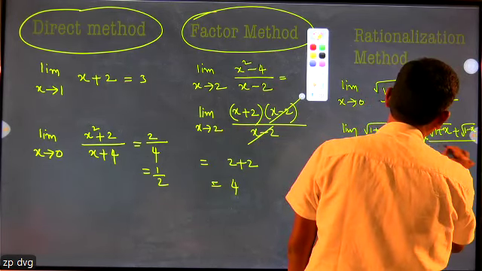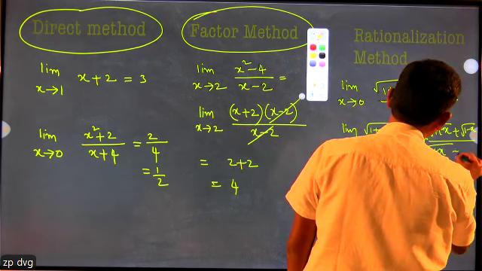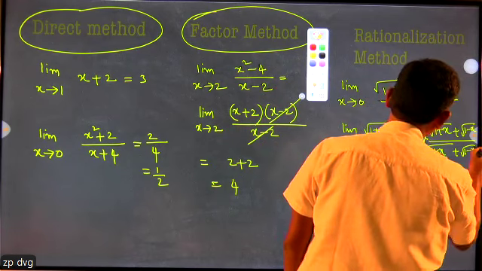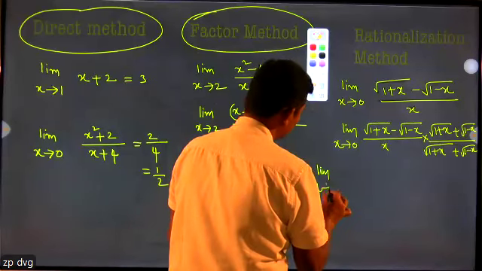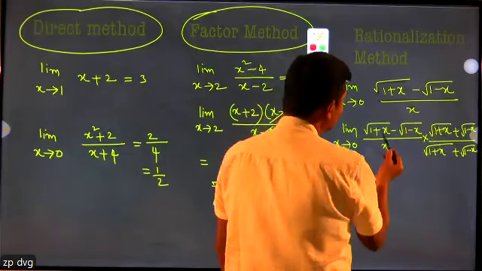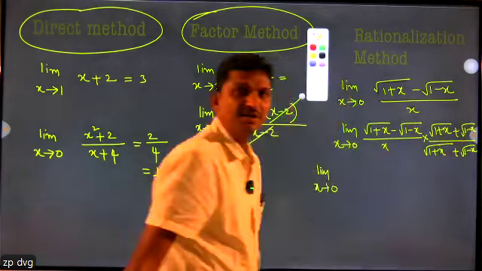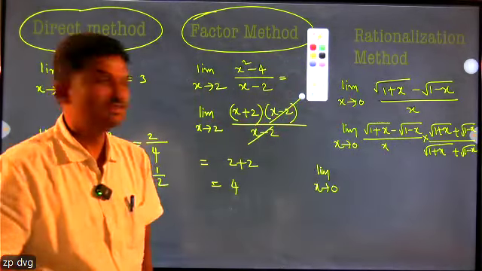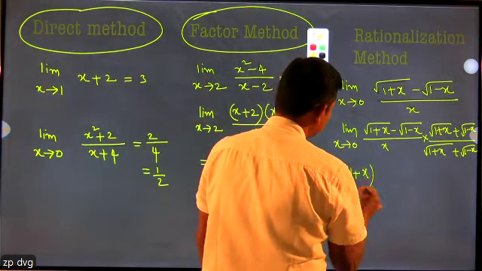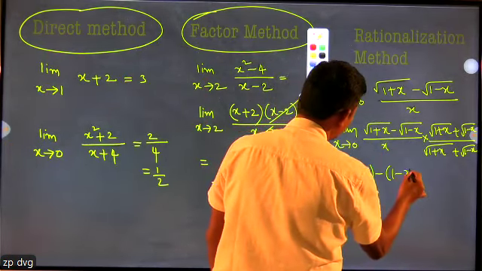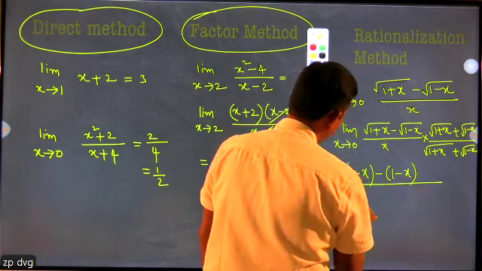In the numerator, this is in the form of a minus b into a plus b, which is a square minus b square. So you get 1 plus x minus of 1 minus x.